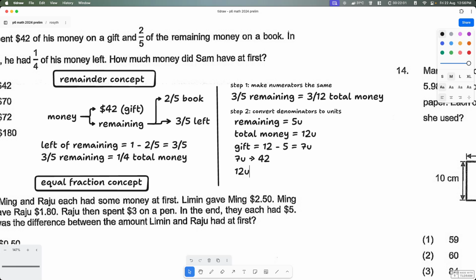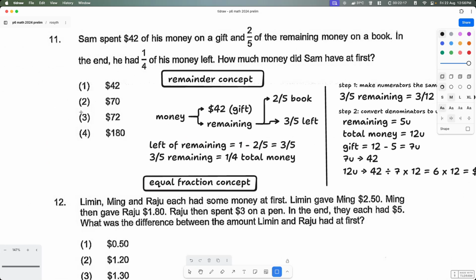So 12 units is equal to 42 divided by 7 times 12. So 42 divided by 7 is 6, times 12, which is dollars 72. There you go. So that's the answer to this, $72. Let's move on to the next question.